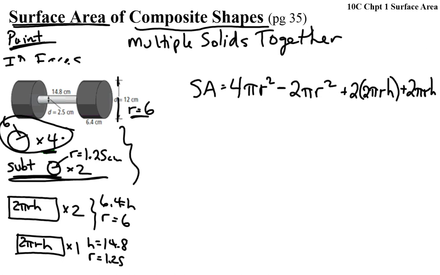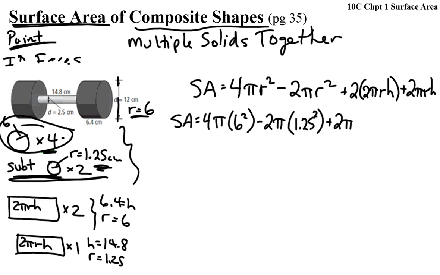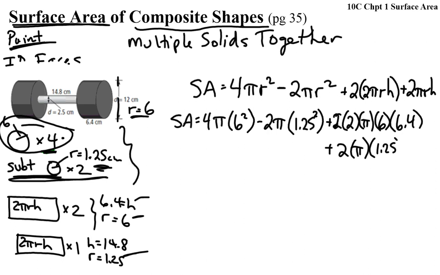So it's just rectangles and circles, but knowing how many of each is what makes it tough. 4 pi radius we identified as 6, so 4 times pi times 6 squared, subtract 2 pi times 1.25 squared, plus 2 times 2 pi, radius 6, height 6.4, plus 2 pi, radius 1.25, and height 14.8. One big long formula.